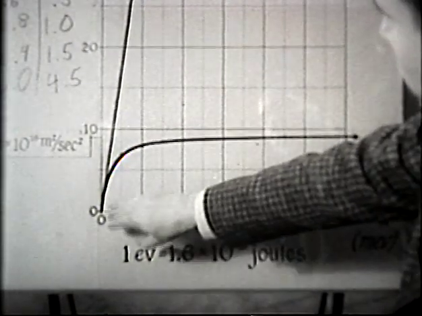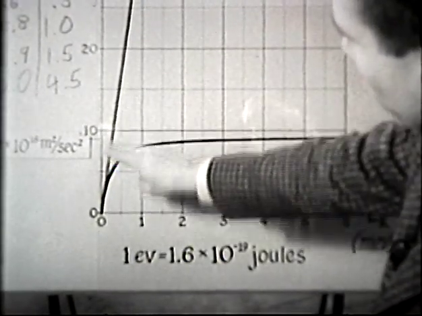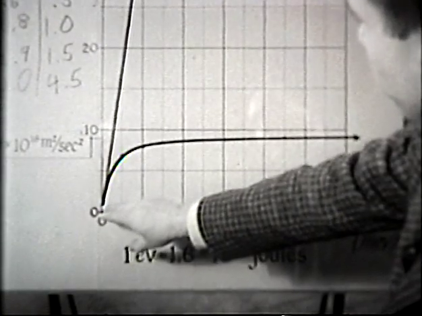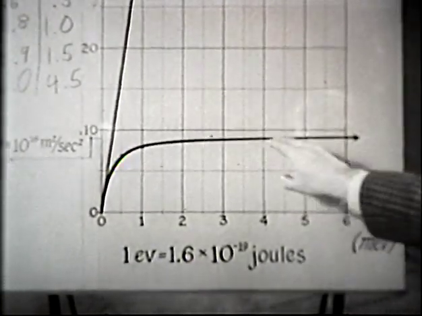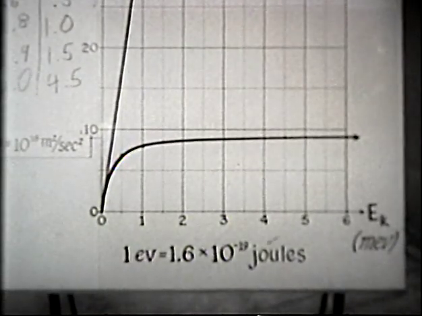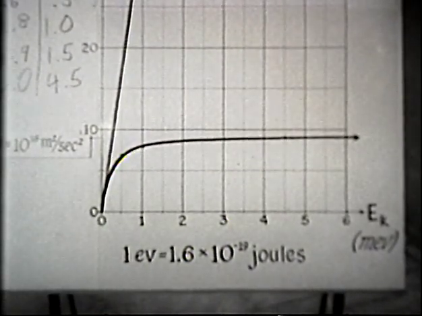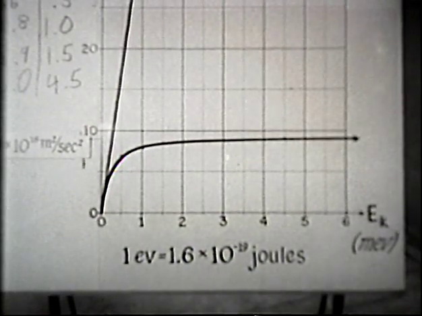At very low speeds, this new curve and the Newtonian curve overlap as they should. At high speeds, this new curve also agrees very well with the facts we found. There is a speed limit for any object, and this limit is the speed of light.